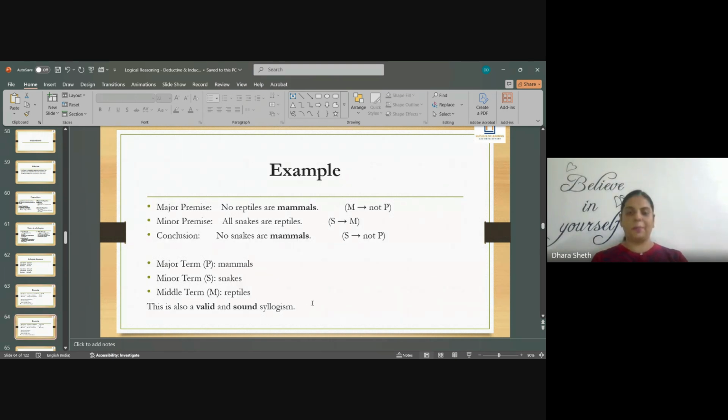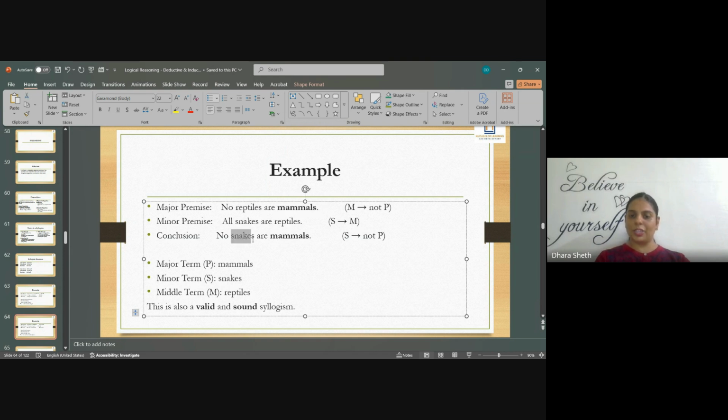let's take one more example. No reptiles are mammals. All snakes are reptiles. No snakes are mammals. Here, mammals is the predicate of conclusion. It is there in the major premise.